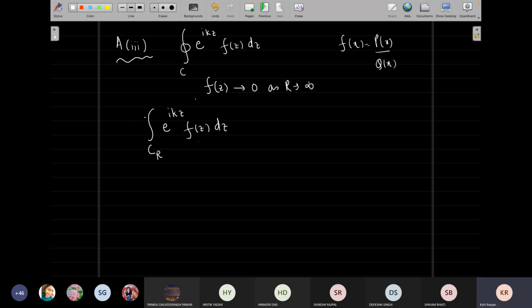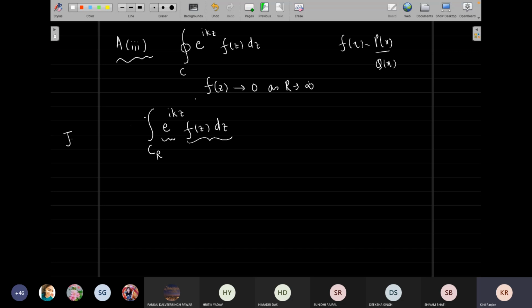Sir, so that the C_R part which we consider goes to 0, so that we get 1 upon r kind of a dependence and it goes to 0. So there we were worried about f(z) dz together. But now I should not be worried about f(z) dz together, as I already have this e^{ikz}.